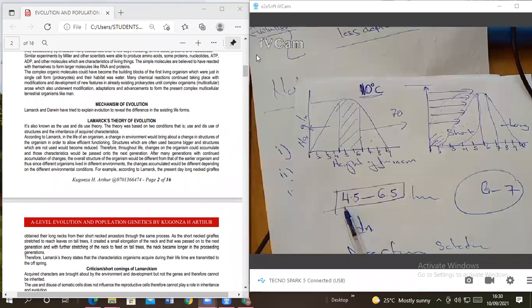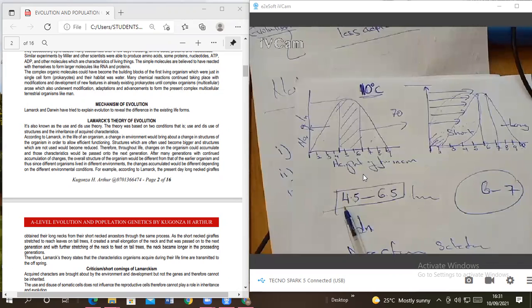Summarizing its definition, directional selection is the type of natural selection which involves the selection pressure acting against one extreme, which shifts the mean population in the direction of the favored phenotype.